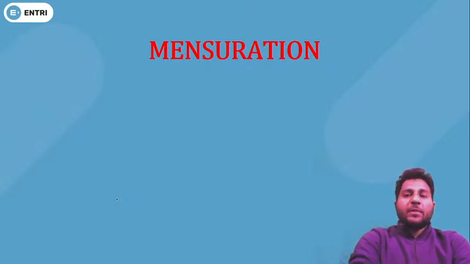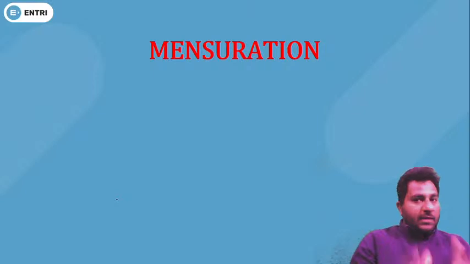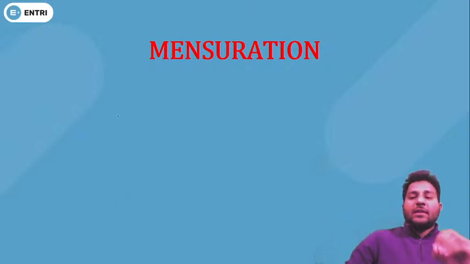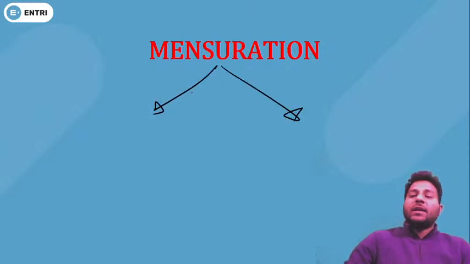So today's topic, as you know, is mensuration, and every aspirant knows that mensuration questions have been asked frequently in every prelims examination. There are two types of questions asked, one on 2D and one on 3D.